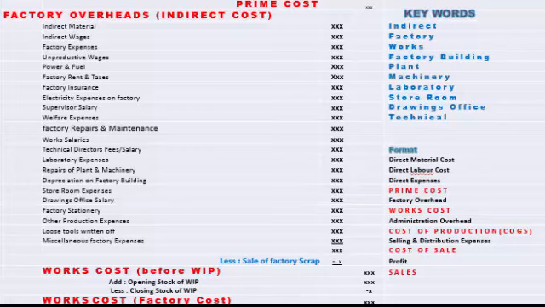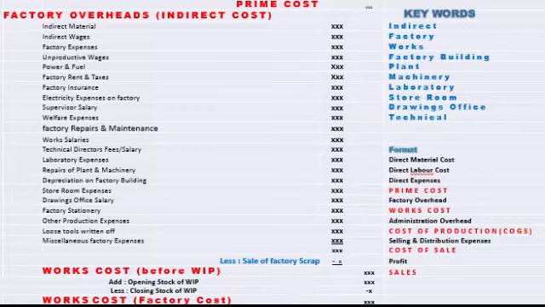So this way, when you look at an item, you should judge whether it is incurred in a factory, office, or sales. By the nature of these items, we understand that these expenses are incurred in a factory. If those are not direct, then all of them will be covered under factory overheads. After taking the total of all these items, we have to deduct the sale of factory scrap.